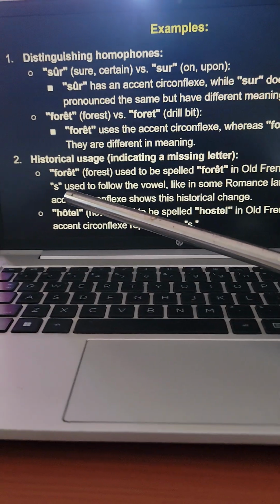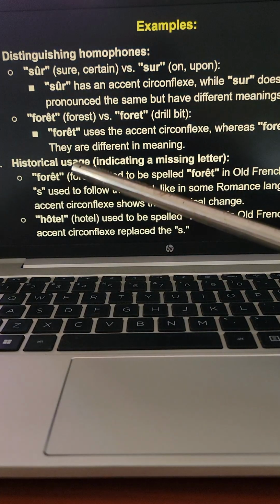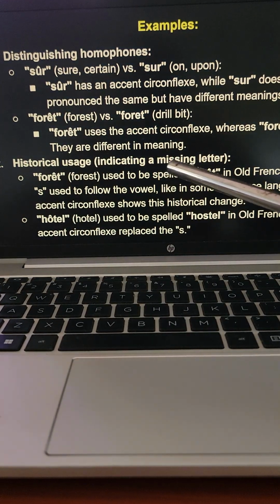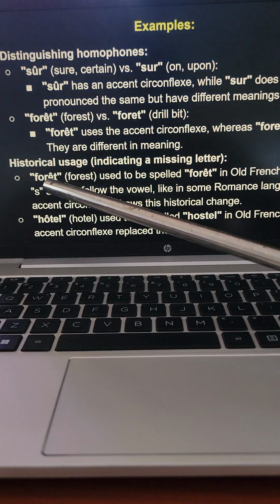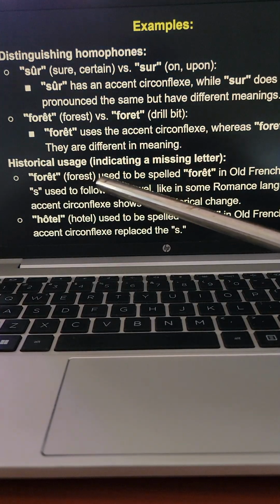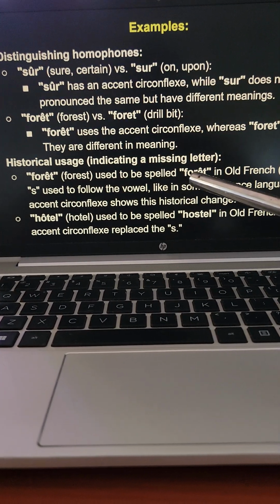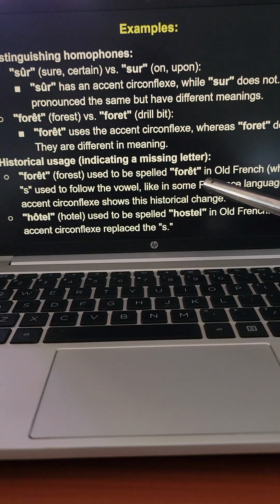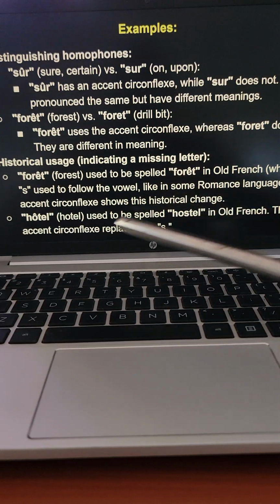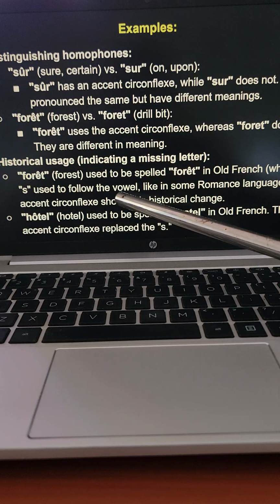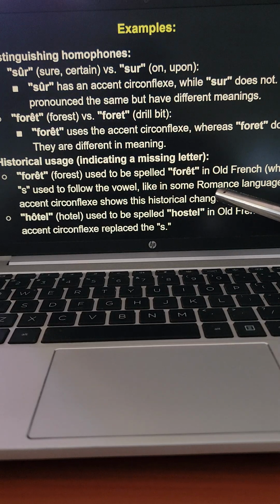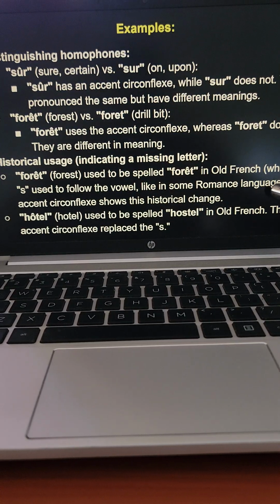So when you come to number 2, historical usage indicating a missing letter. Like forêt with an accent circumflex, which means forest, used to be spelled forest in Old French, where an S used to follow the vowel, like in some Romance languages.